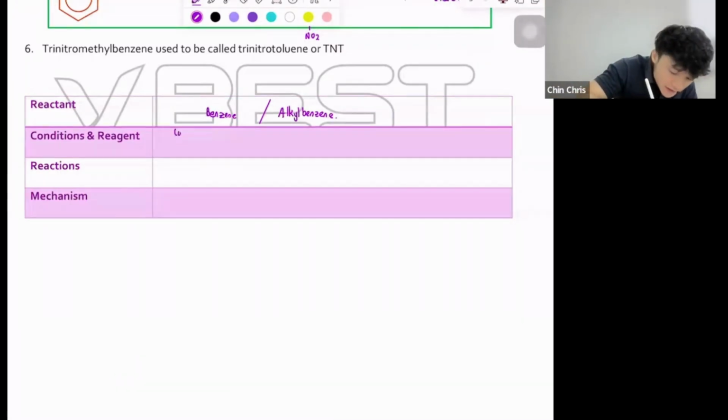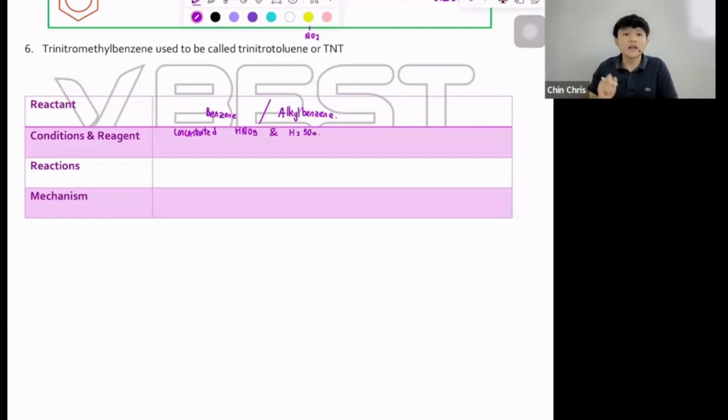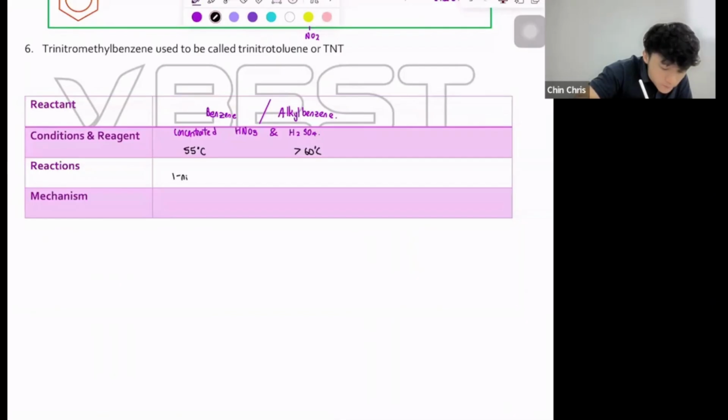Okay, so guys, what you need is concentrated HNO3 and H2SO4. The temperature can be at 55 degrees or greater than 60 degrees. If it's 55 degrees, you get 1 nitro. Greater than 60 degrees, you get 2 nitro.